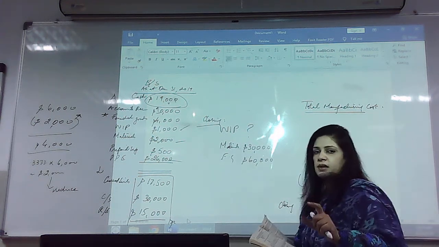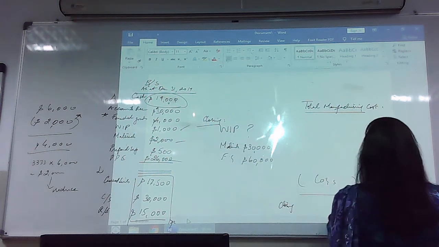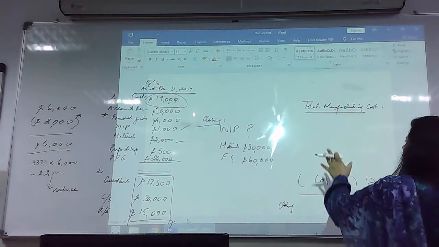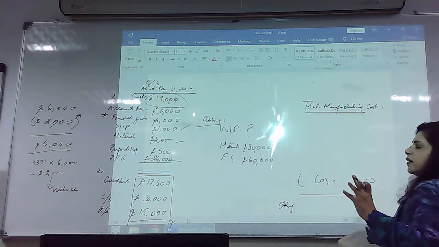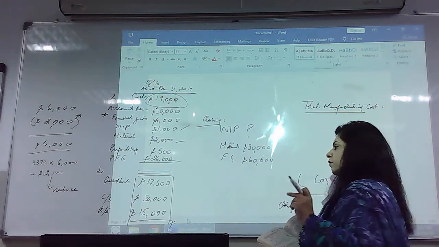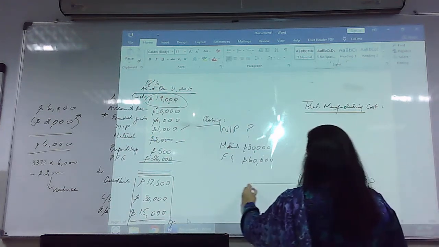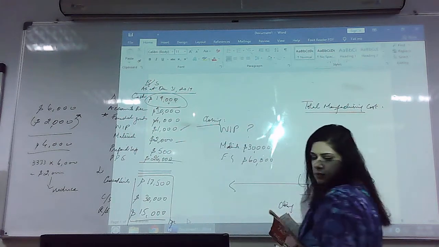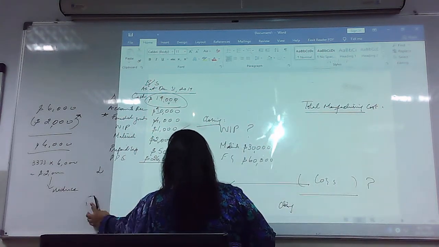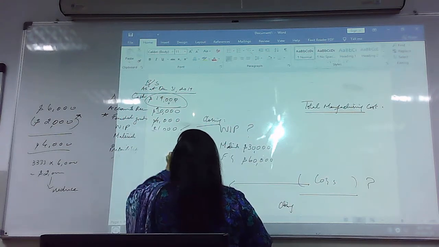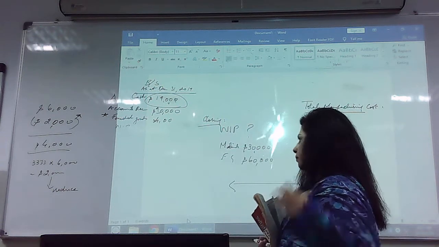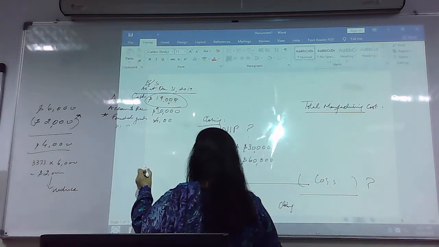Now the question is, what is the value of cost of goods sold? Because it is unknown to us at the moment. What we need to figure out is what is the manufacturing cost, and then we take an estimate of how we're supposed to find out the cost of goods sold. But for that, we need to know the formula. So the basic structure is, let me just rub this up. The basic structure would be sales.